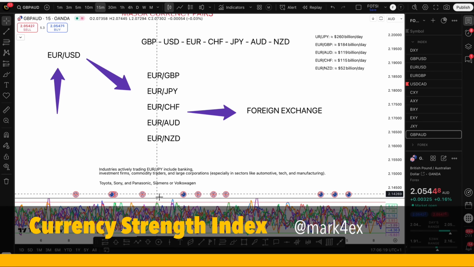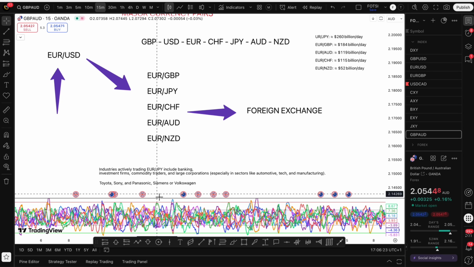This video is the first video in a series going over the currency strength index. In this video I'm going to show you the methods and the mechanics behind what I use to trade.